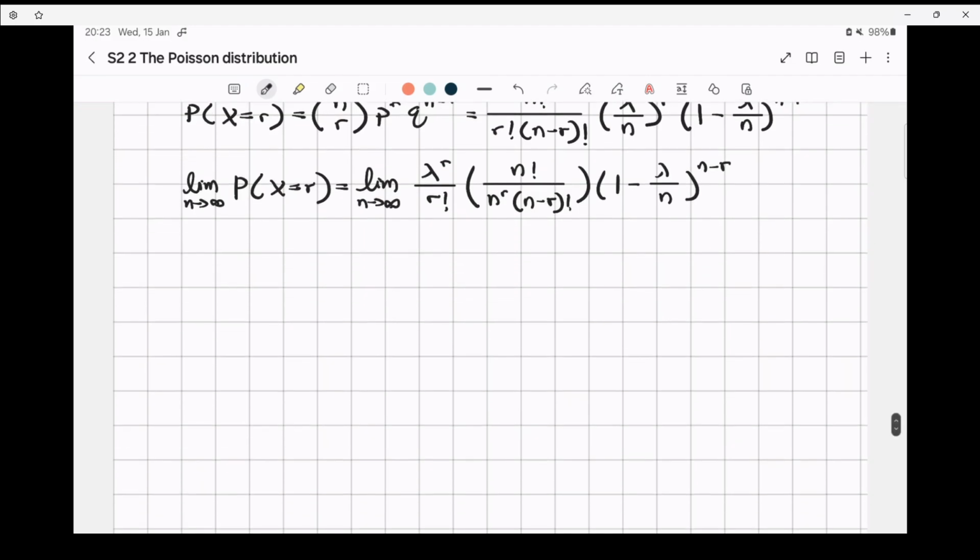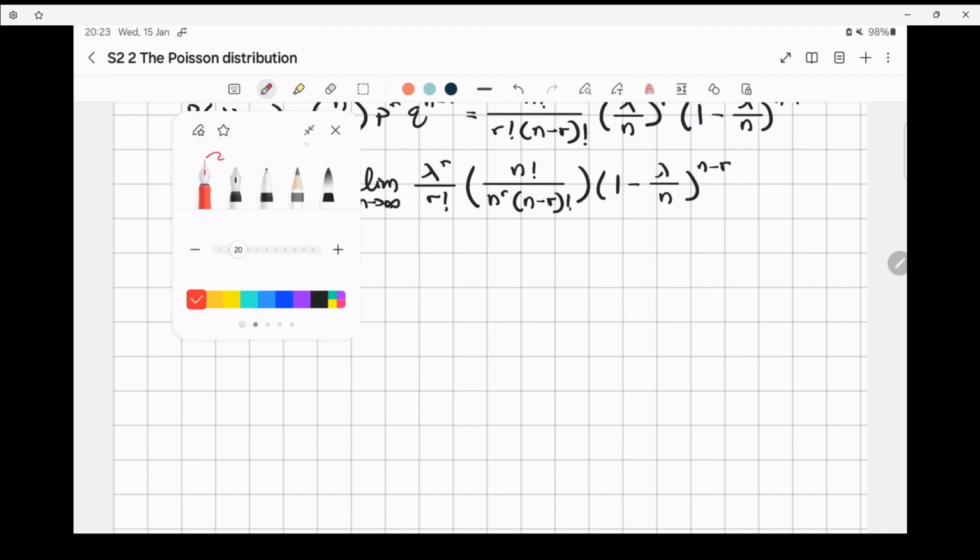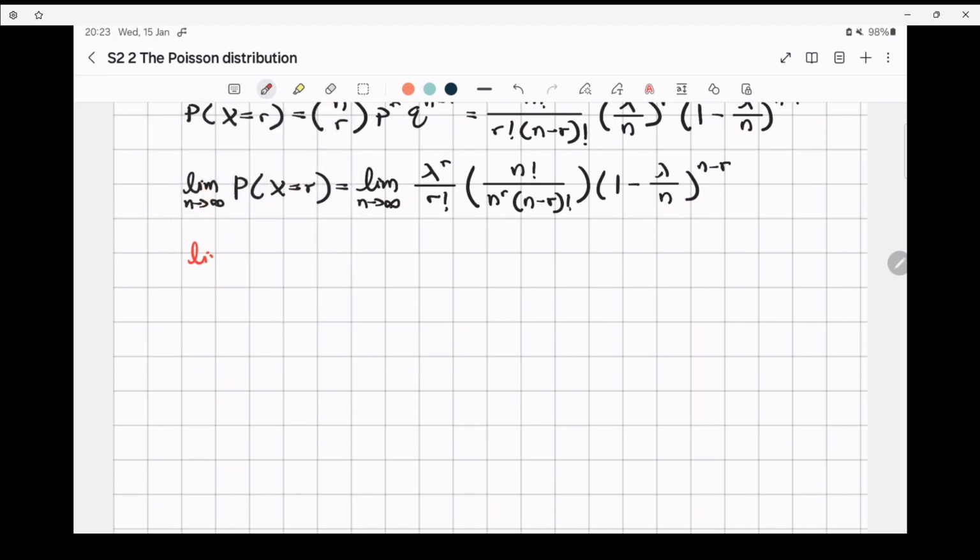So first thing, so maybe I write in red. When you see this particular limit, is e to the power of lambda. So over here we see a very similar term here. So this is minus. So for the limiting case, we will assume that n is very much bigger than r, for example.